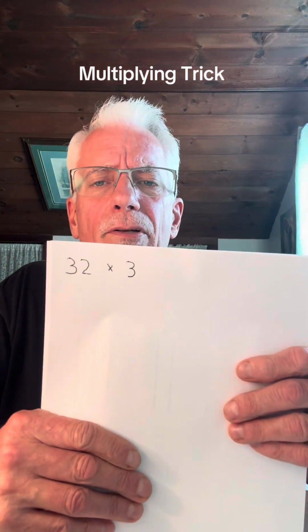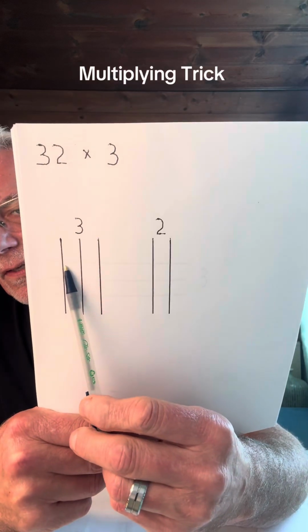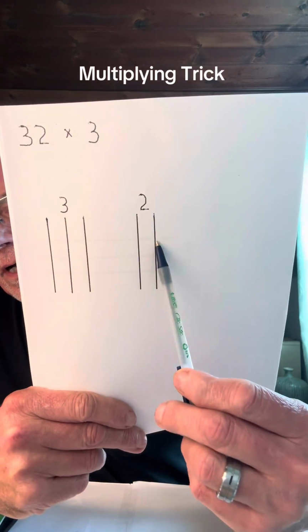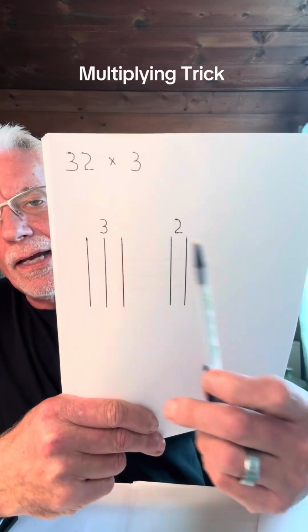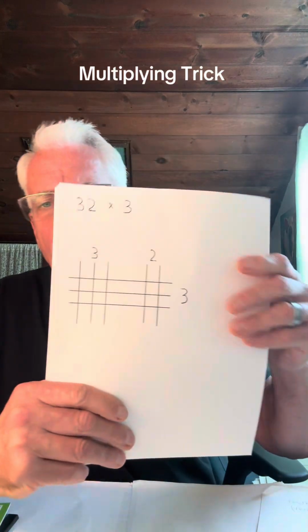All right, so if we're doing a 2-digit number times a 1-digit number, this is how I do this. To represent 32, I do 3 lines and then 2 lines. So this I put over here for my 10s on the 3s, and here's my 2 1s right there. And then I'm going to do 3 lines going through both of those sets of other lines. And then we just start counting them up.